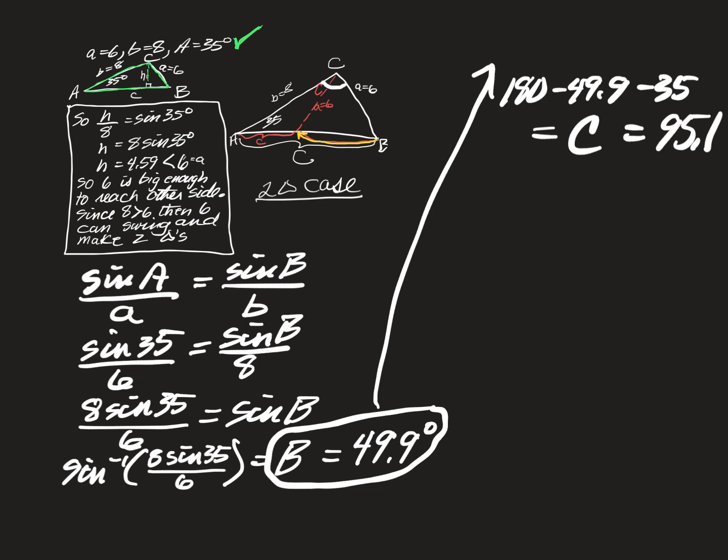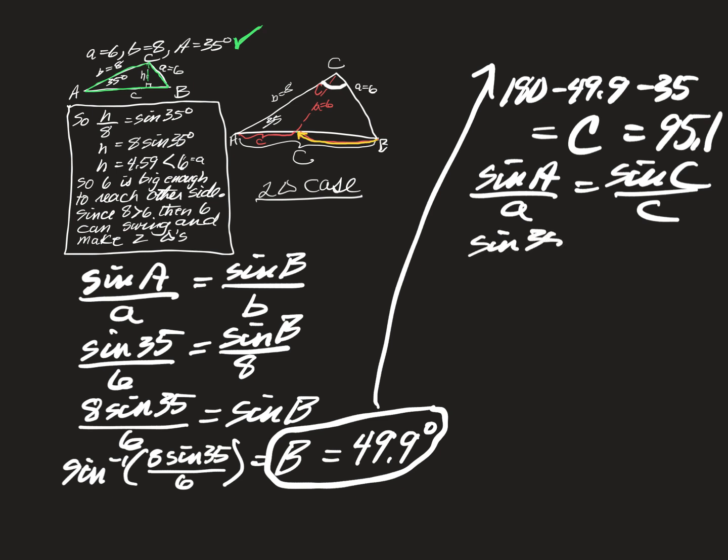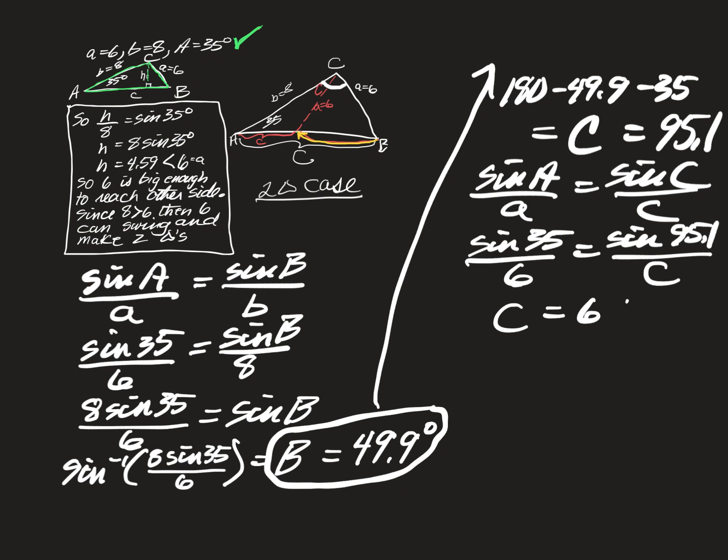Okay? And so now we can do sine A over A equals sine of angle C over C. And so that's the sine of 35 over 6 equals the sine of 95.1 over C. So C equals 6 sine 95.1 divided by the sine of 35.